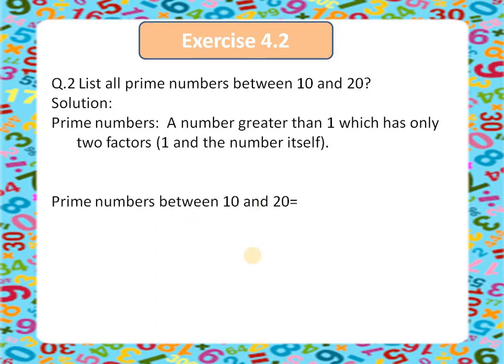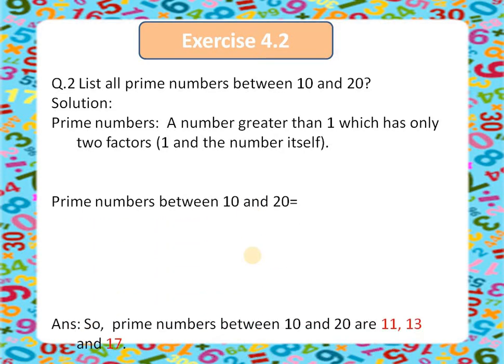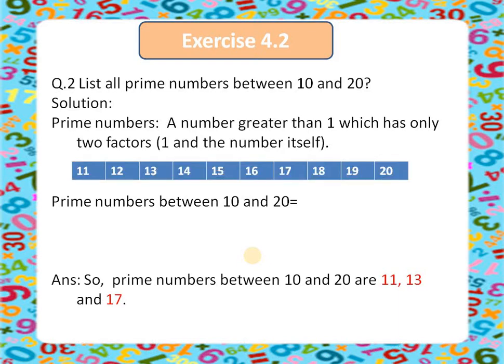So prime numbers between 10 and 20. Write down all the numbers coming between 10 and 20: 11, 12, 13, 14, 15, 16, 17, 18, 19 and lastly 20.